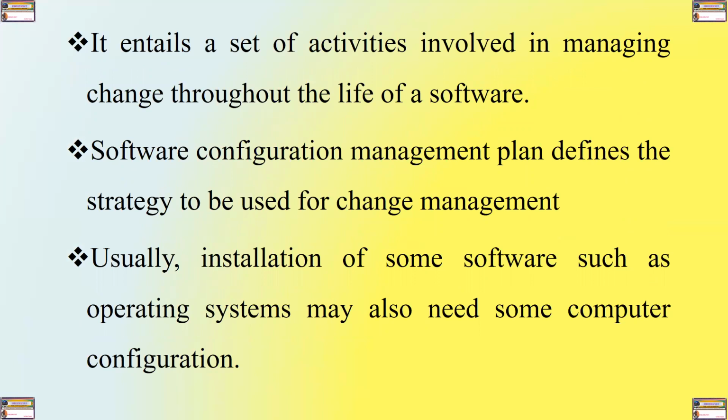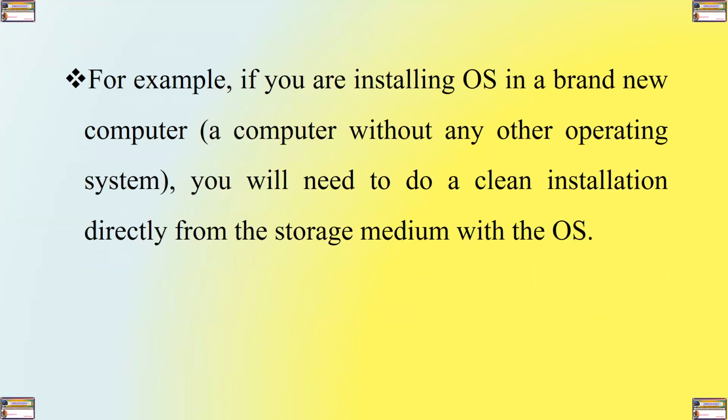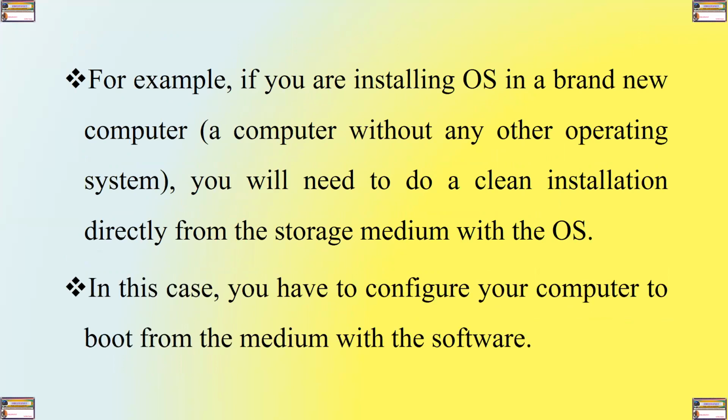Usually, installation of some software such as operating systems may also need some computer configuration. For example, if you are installing an operating system in a brand new computer, that is a computer without any other operating system, you need to do a clean installation directly from the storage medium with the operating system.